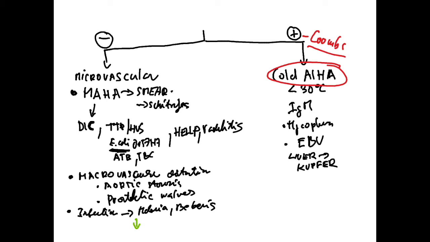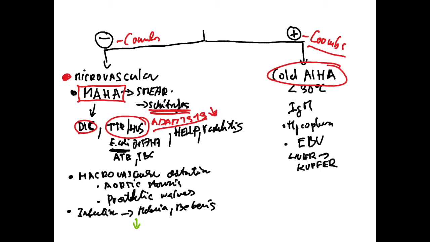If it's Coombs negative, it could be microangiopathic hemolytic anemia, MAHA, with typical schistocytes. Remember DIC, and TTP has ADAMTS13 decreased. This is a very important enzyme that cleaves a polymer of von Willebrand factor. And then you've got macrovascular destruction, so aortic stenosis or prosthetic valves, or infection.